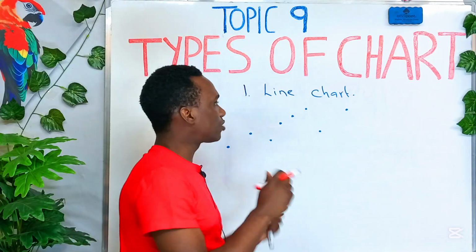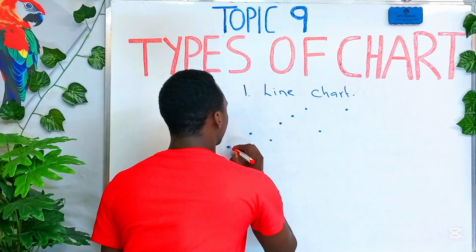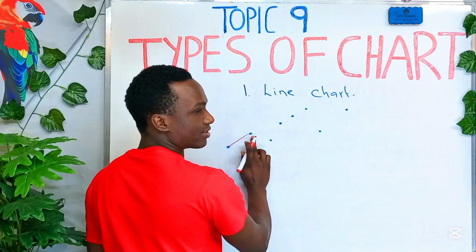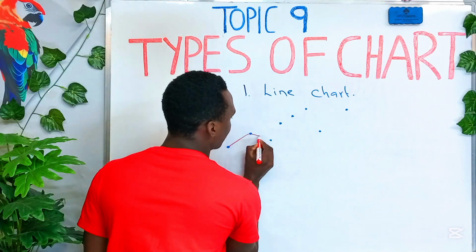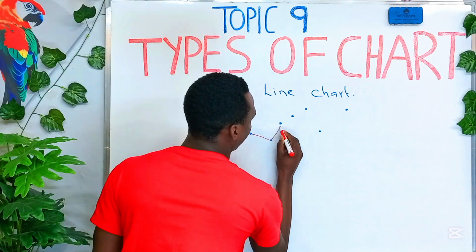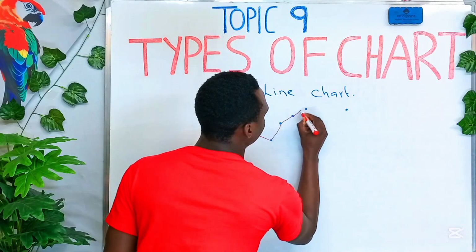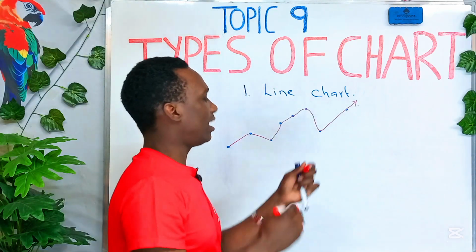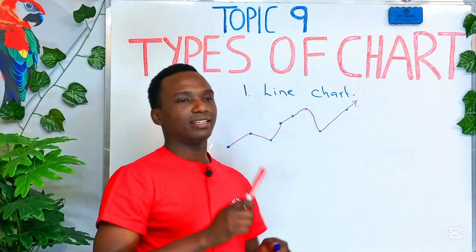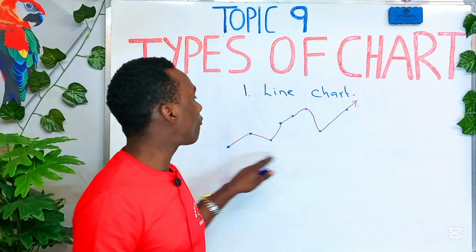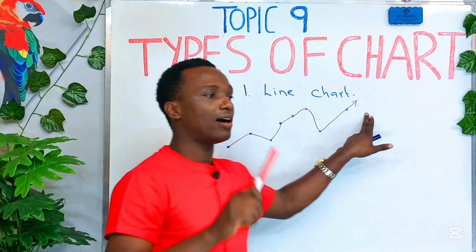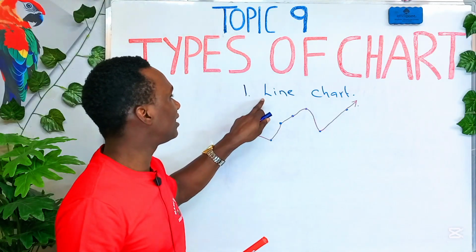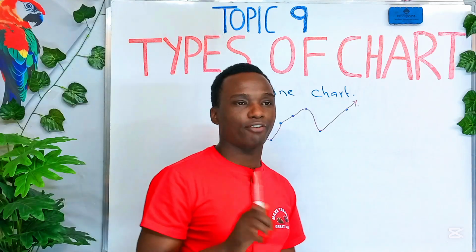Okay, and this will help us to see the general price movement. Look at this. This is one closing price to the next. If we strung this to this and consequently like this, this one will help us to see the general price movement of a currency pair over a period of time. So this is the graphical representation of a line chart.